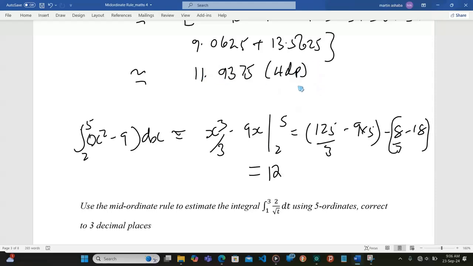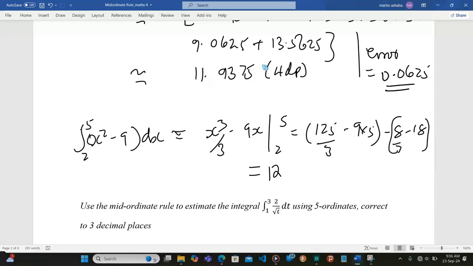Now you can see that this is approximately 12. If I subtract 11.9375, I get an error of 0.0625, and this is very small. In some cases you might find the error is not so small and you shouldn't neglect it, but here the answer is approximately the same, so you can go with this.